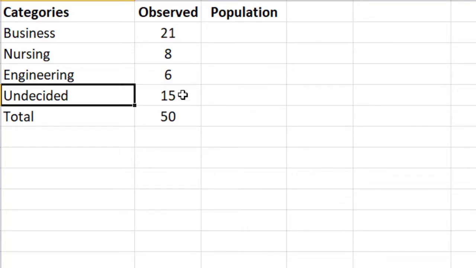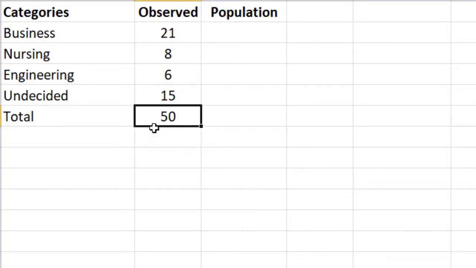And this is our sample right here. I sampled 50 students, and of course, these students are all enrolled in that math course.